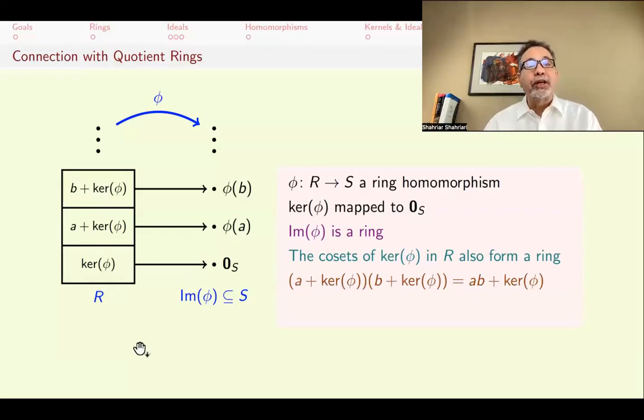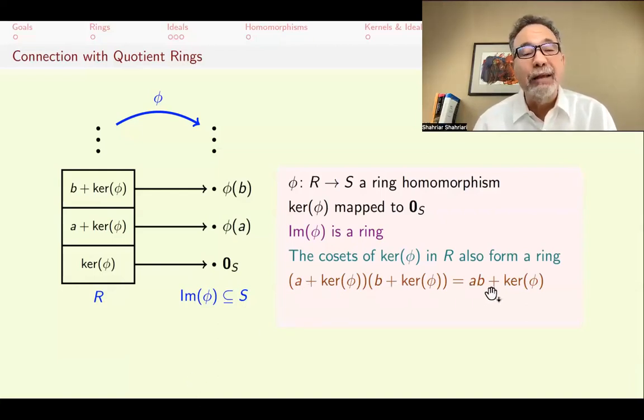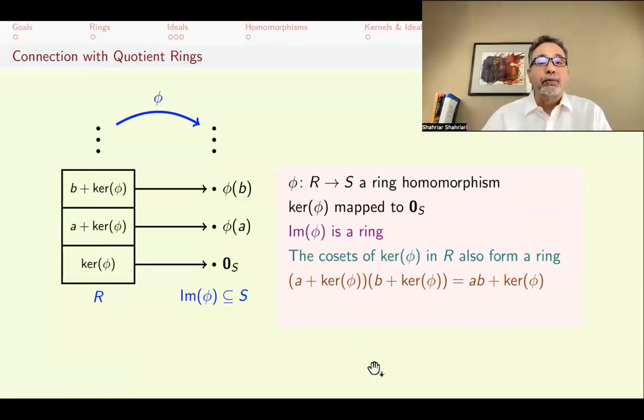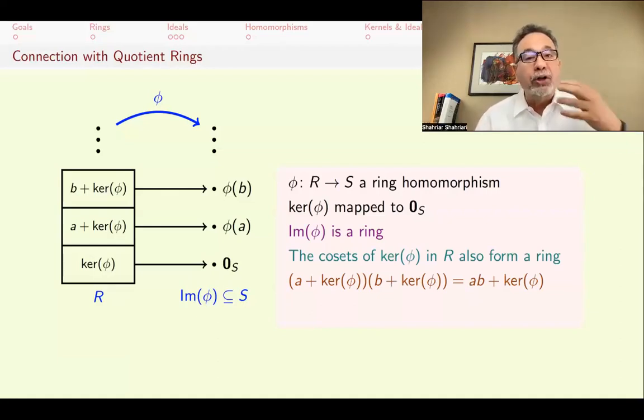But more is true here: we can make the cosets into a ring by defining a multiplication, and we define that by saying that A plus kernel of phi times B plus kernel of phi is AB plus kernel of phi. So A plus kernel of phi, what is that? Those are all the elements of the ring of the form A plus something in the kernel. B plus kernel of phi, all the things of the form B plus something in the kernel.